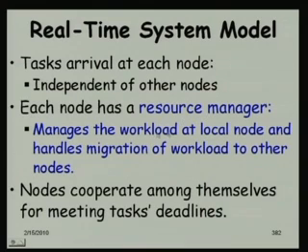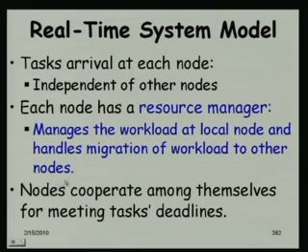And typically each node will assume that it has a resource manager. The responsibility of this resource manager is to manage the workload at the local node. When the tasks arrive, it will try to check whether it can be processed locally, and if not, this resource manager would have to find out where to transfer this task, that is the migration problem.